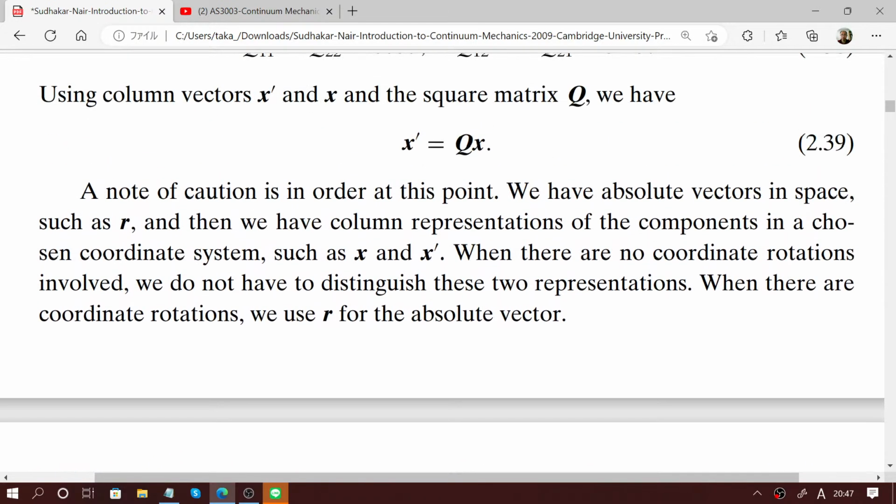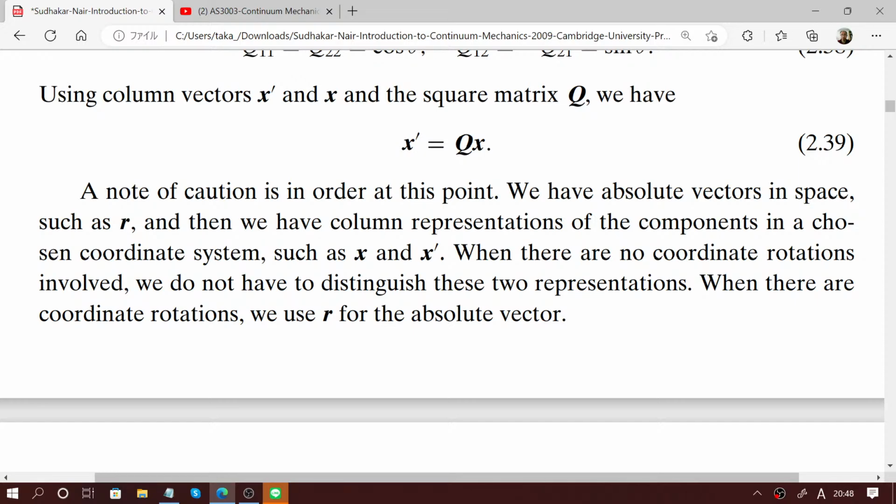Does it make sense? A note of caution is in order at this point. We have absolute vectors in space, such as R. Then we have column representation of the components in a chosen coordinate system, such as x and x prime.